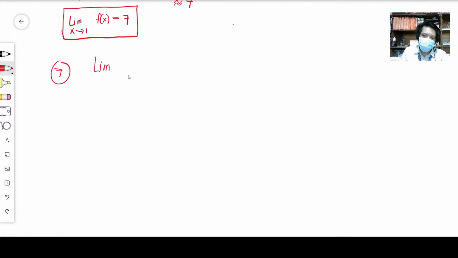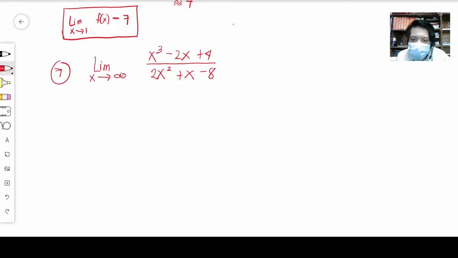We're solving for the limit of x cubed minus 2x plus 4 over 2x squared plus x minus 8 as x approaches infinity. So this is our next example.